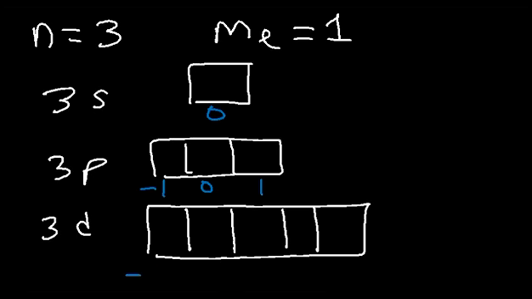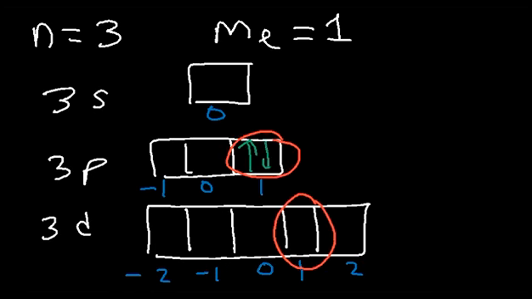And for d, L is 2, so ml varies between -2 and 2. Now notice that there's only 2 boxes with an ml value of 1. So there's only 4 electrons that can be in these 2 boxes. So the answer is 4. There's 4 electrons that have the quantum numbers where n is 3 and ml is 1.